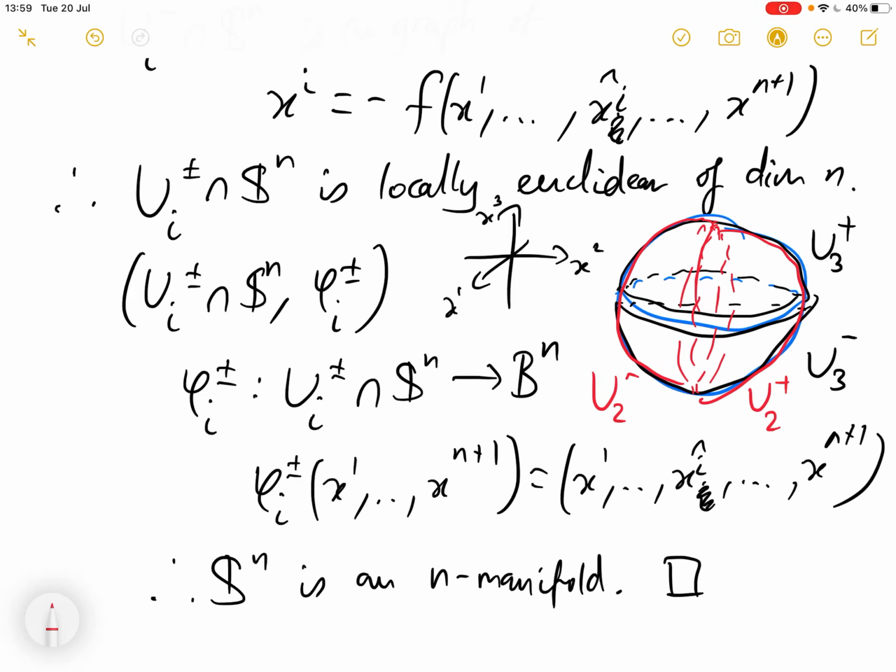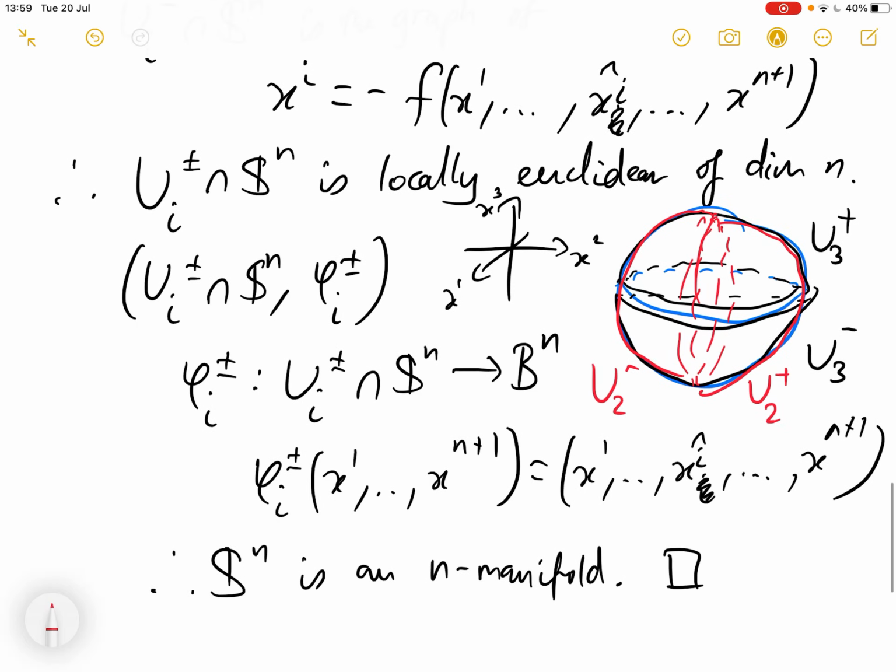We could take the front half, the half closest to you, looking at the projection of this sphere onto the screen, that would be U1+, and the back half would be U1-. And we can see every point of the sphere lies in one of those six coordinate domains. So visually that's what's going on.